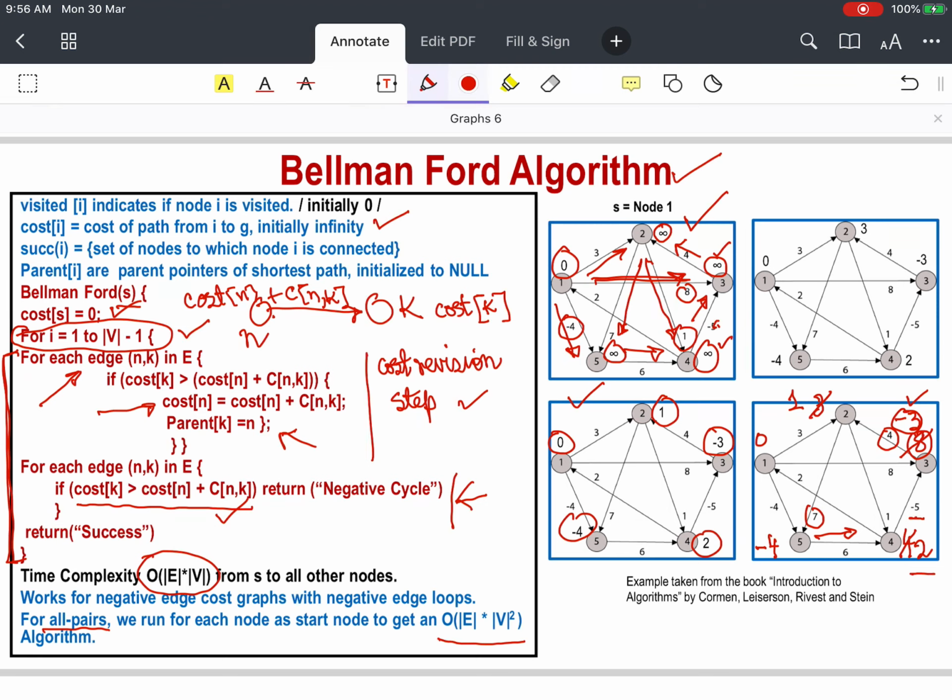This is wrong, so it will become order of V, because we have to do it for every node, into E into V, which is the same.